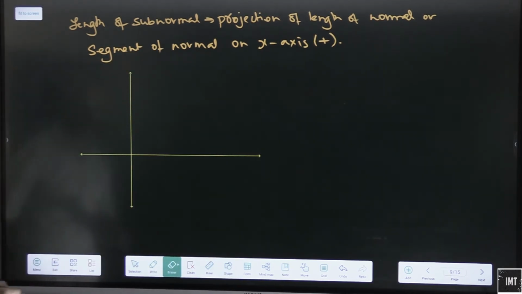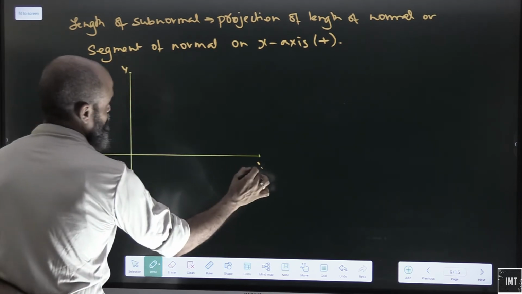Okay, so here we have the y-axis and the x-axis.